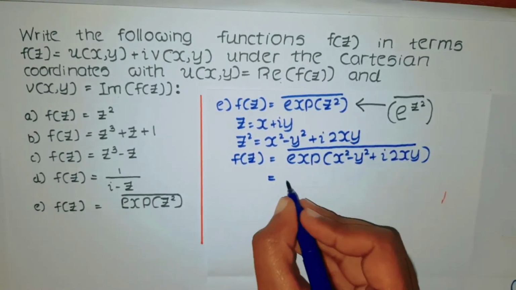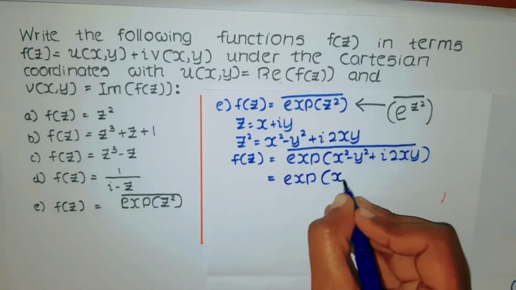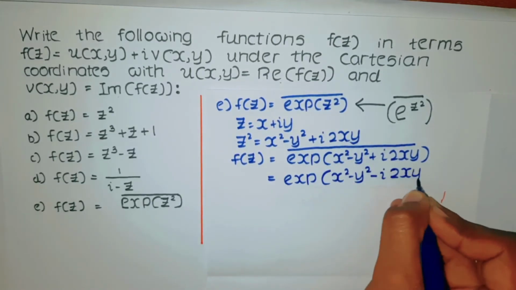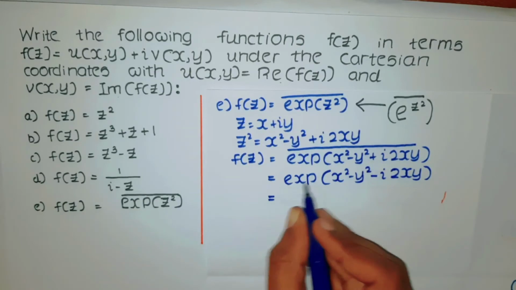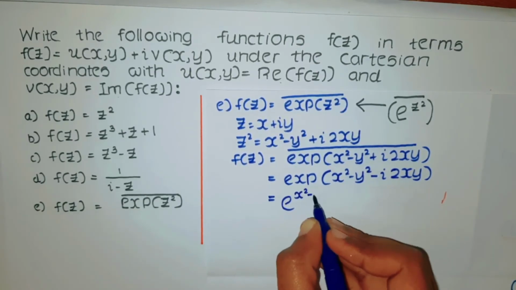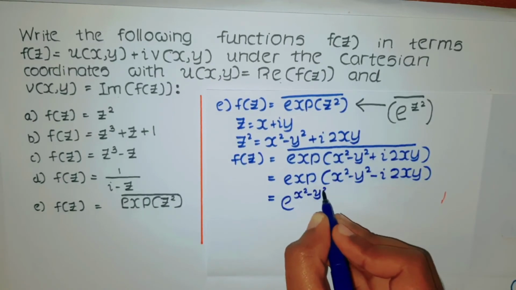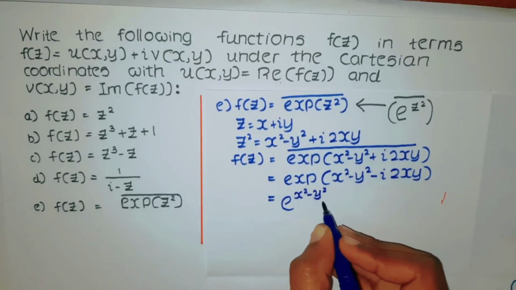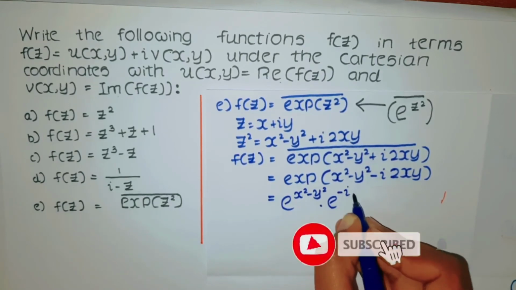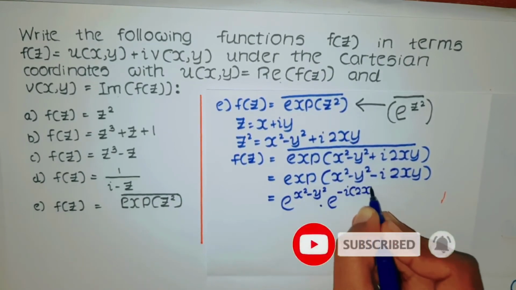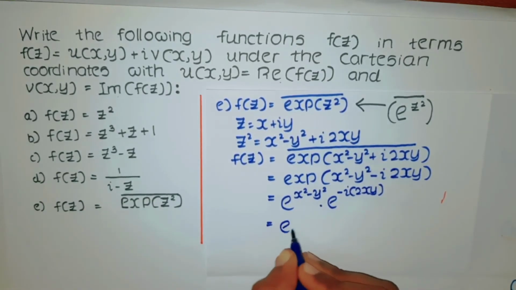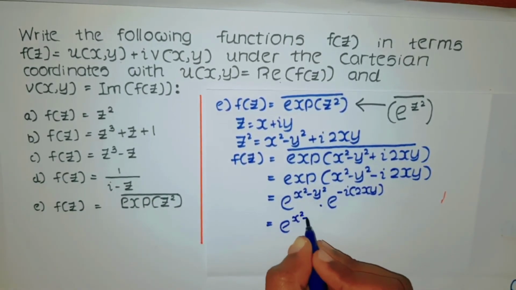So if we take the conjugate, as I told you, conjugate is changing the sign of the imaginary part. So you will get minus i 2xy. So you can separate this into two terms because this is in the power of e. So you know e to the power minus i theta is cos theta minus i sin theta.